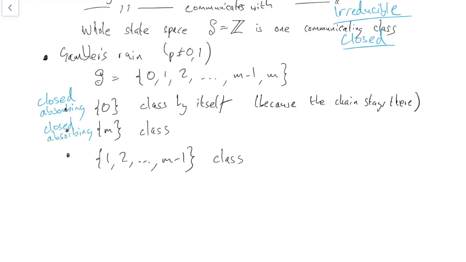Whereas this class from 1 up to m-1, we can leave that class, right? Because if we go from 1 down to 0, we leave the class, or if we go from m-1 up to m, we leave the class. So that class is open, and because we had more than one class, this was not irreducible, because we could break it down into 3 smaller pieces.